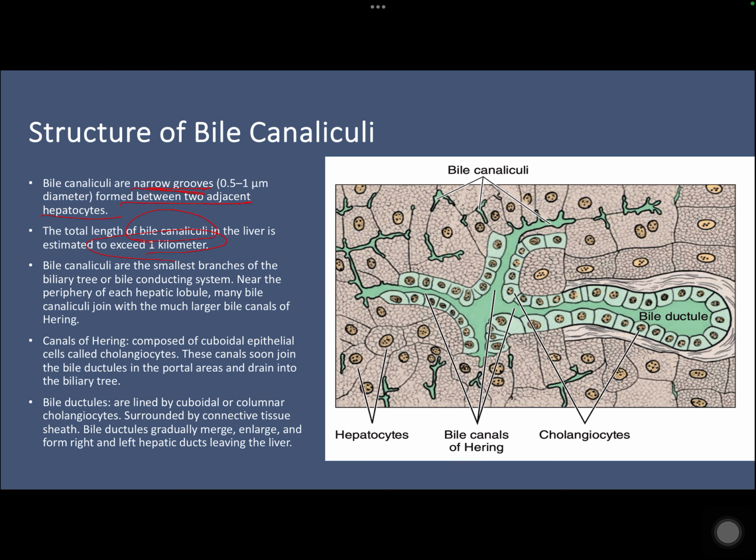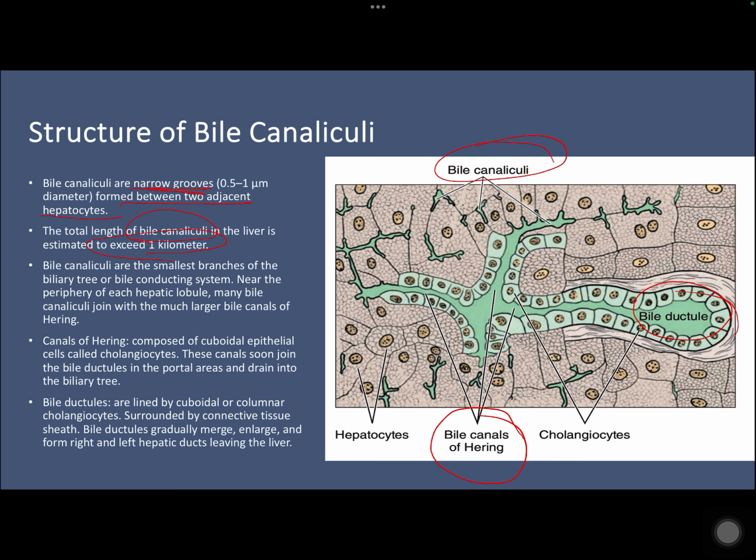What is the meaning of that? That means first we will have bile canaliculi. These bile canaliculi will fuse together to form the canal of Hering. Then they will fuse together to form the bile ductule. Then these bile ductules will merge together to form the hepatic ducts.